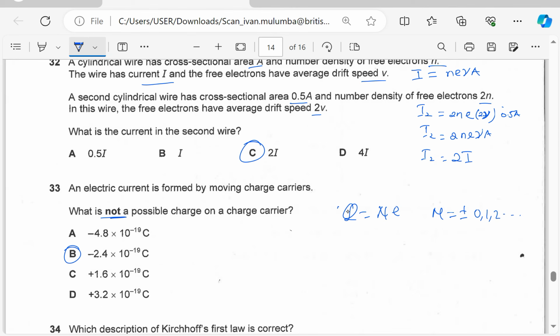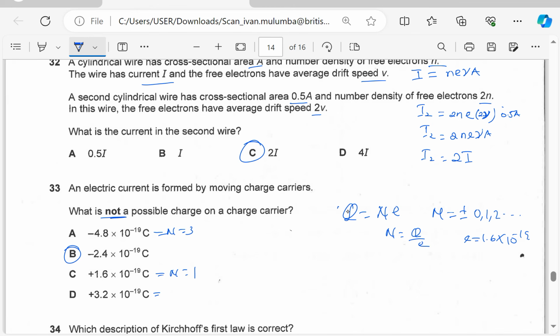So we are just going to check for N. N should be Q over e. Remember e is 1.6 times 10 to the power of negative 19. So here, 4.8 divided by 1.6, N is equal to 3. And here N is equal to 1.